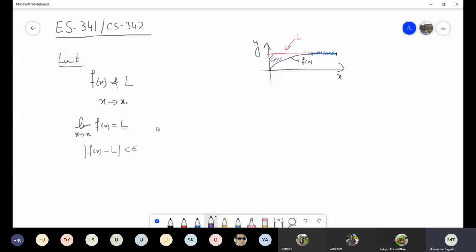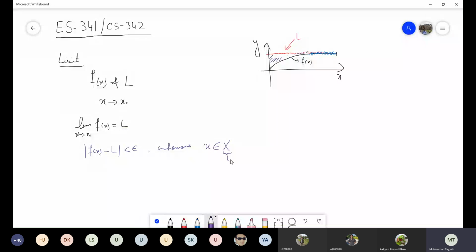So इसके दरमियान जितना भी small distance होगा, that will be absorbed by the epsilon, and whenever x belongs to the capital X, where the capital X is the set of real numbers. So इसको मैं define कर देता हूँ.